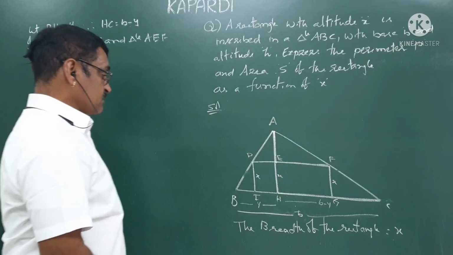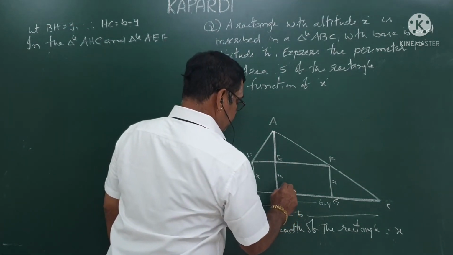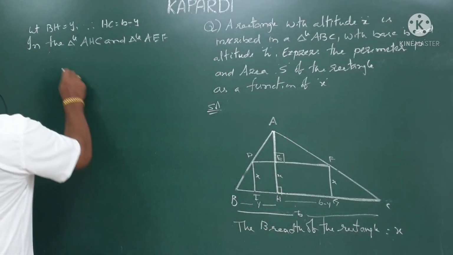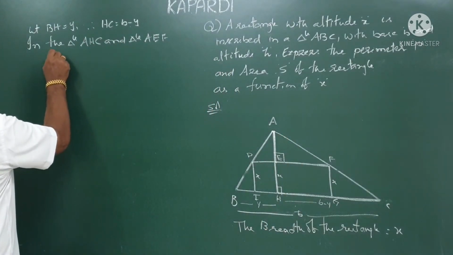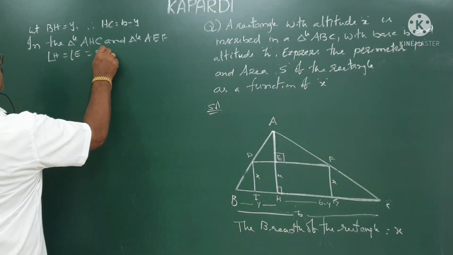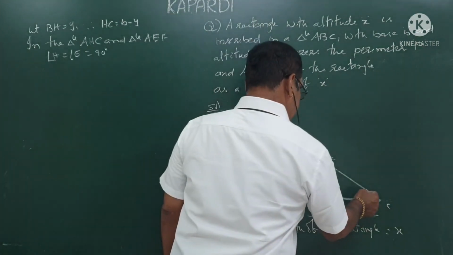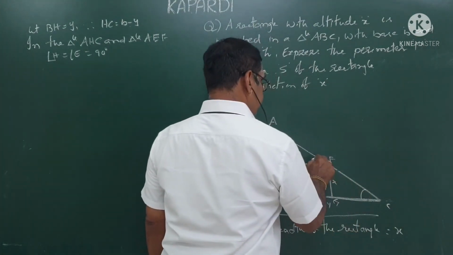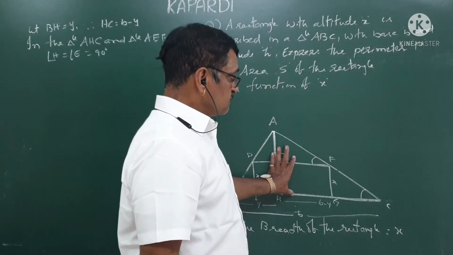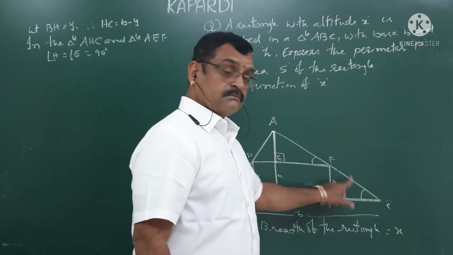How are they similar? Look here very carefully. This angle is 90. This angle is equal to 90. So angle H is equal to angle E is equal to 90 degrees. Next one, angle C is equal to angle F, because these two are parallel. These two angles are equal.